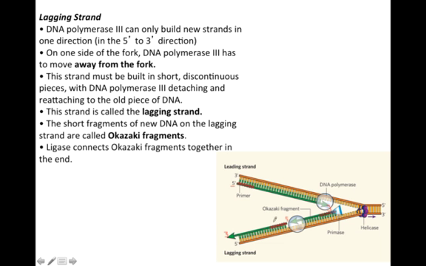And eventually you can't have gaps because this one will run into this one. And so you can't have gaps. So eventually an enzyme called ligase is going to come in and it's going to connect the Okazaki fragments together, bonding the sugar and the phosphate together and connecting them. All right.